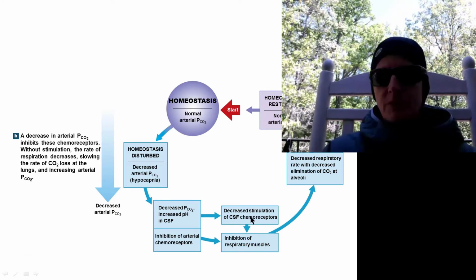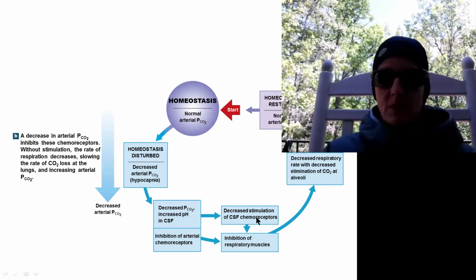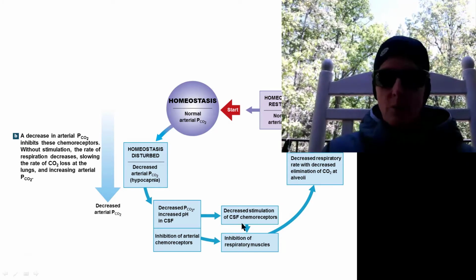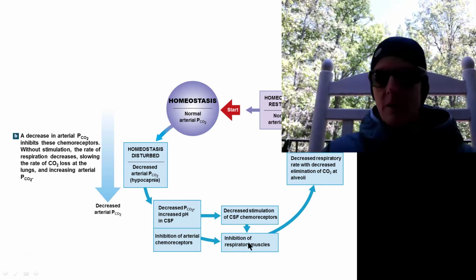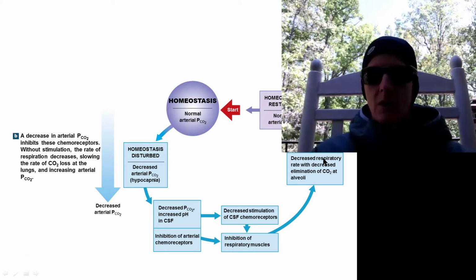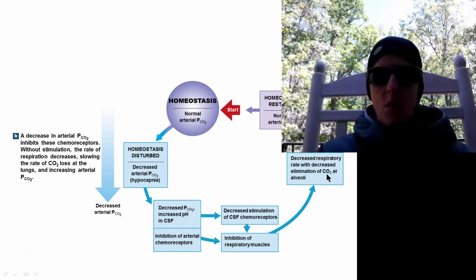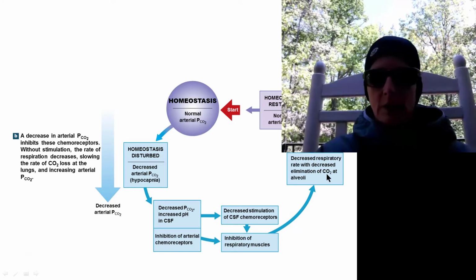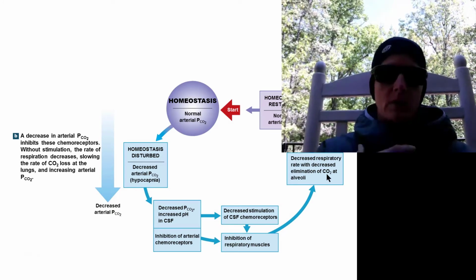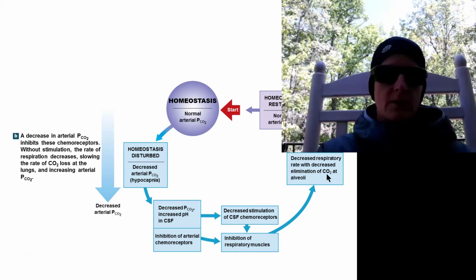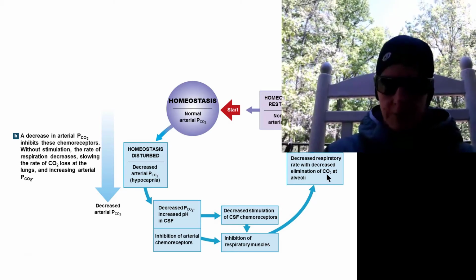And so we're going to decrease the stimulation of the chemoreceptors, and therefore both of these things are going to inhibit our respiratory muscles. So our respiration slows down. And hopefully we can hold on to some of that carbon dioxide a little bit longer, so that we can then return our carbon dioxide contents more to normal levels.